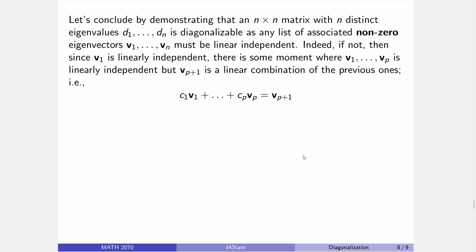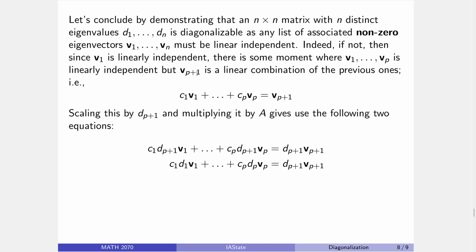And since the full list fails to be linearly independent, that means as we go down the list, at some point we are still linearly independent, but the next vector has to be a linear combo of the previous ones. Right, so at some point we fail to be independent, which means whatever vector I just added has to be a linear combo of the others.